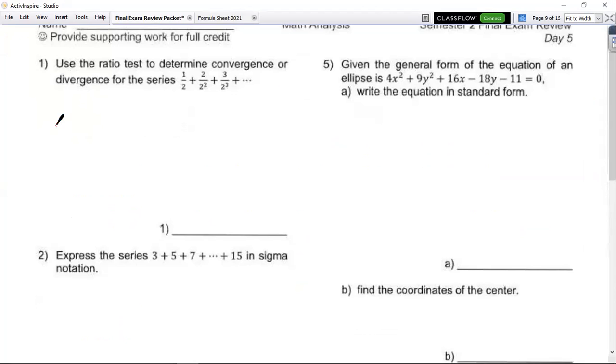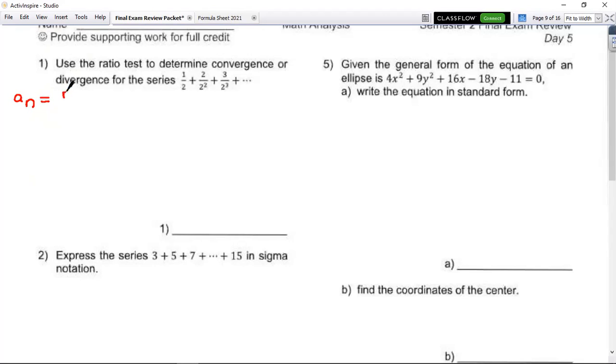So number 1 asks you to use the ratio test to determine if your series is going to converge or diverge. So ratio test is when you write your formula. So I am going to go a sub n equal to, and if you look at your formula, you're going 1, 2, 3.